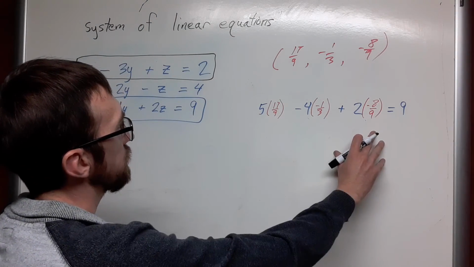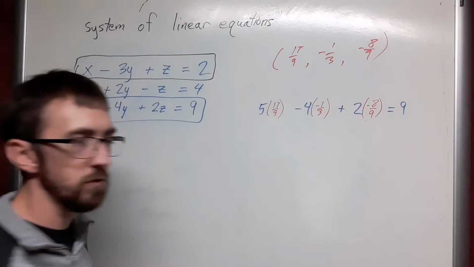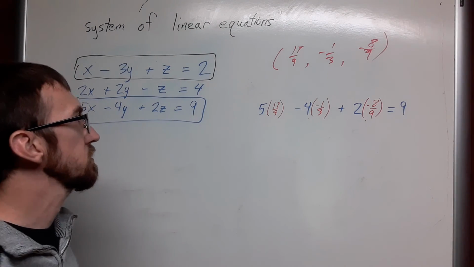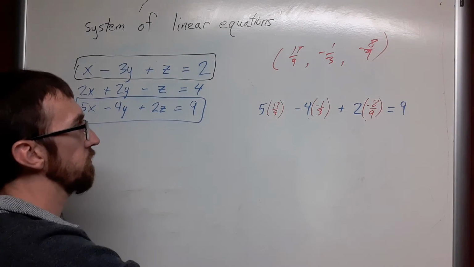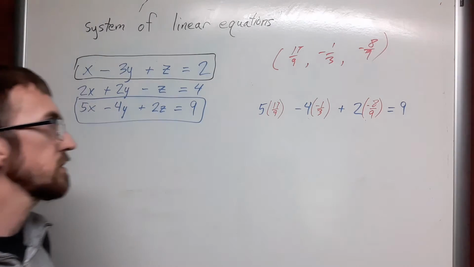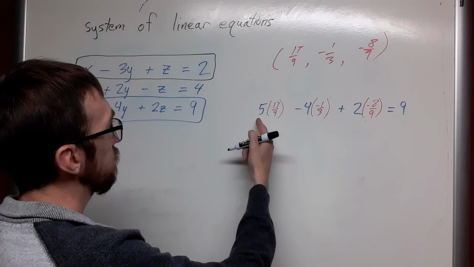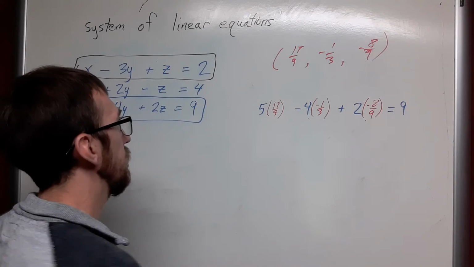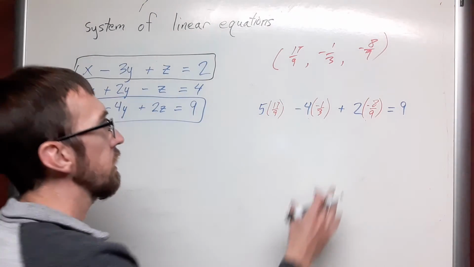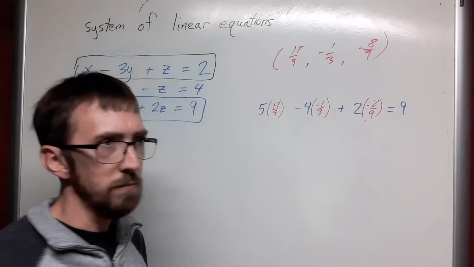So simplification, we have to do the multiplication first by order of operations, then we can do our addition and subtractions. So the first thing we've got to do is multiply all of these coefficients by these what are now fractions. So 5 times 17 divided by 9, it's not going to be a reducible fraction. This isn't going to come out reducible, and this is not going to come out reducible.